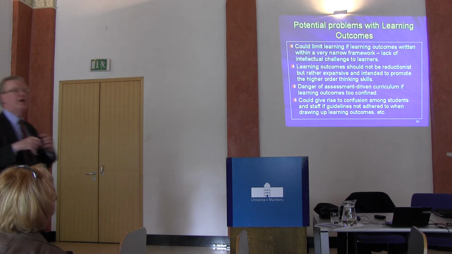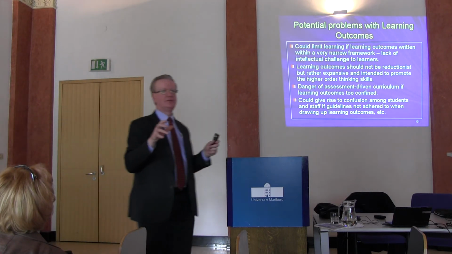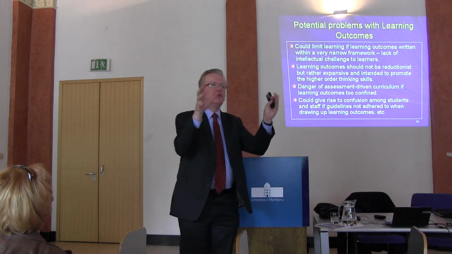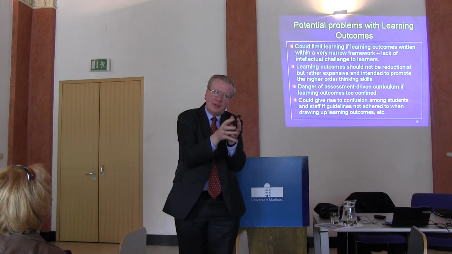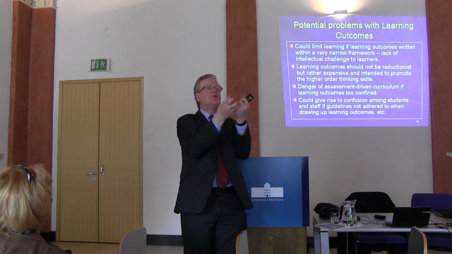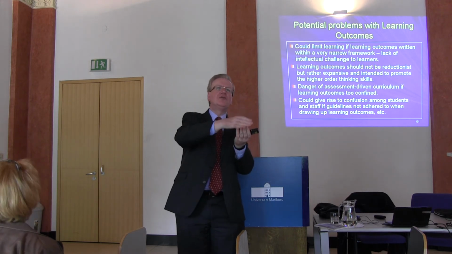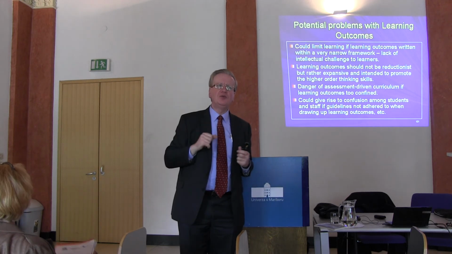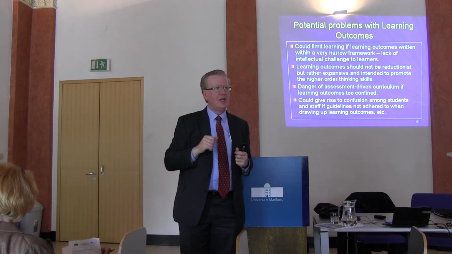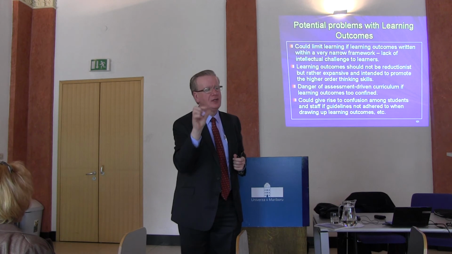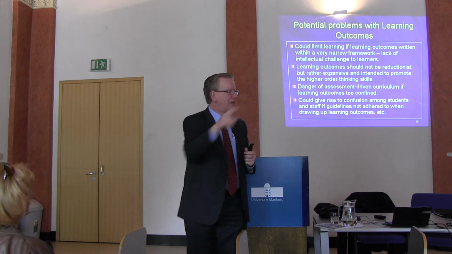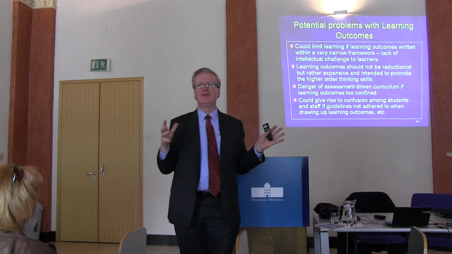Great. When we are writing learning outcomes, we must not write them too narrowly. We must ensure that we stretch the students, that we write them over the full range of Bloom's taxonomy. If we write them too narrowly, then it is like painting ourselves into a corner.